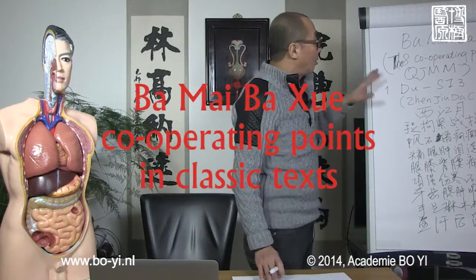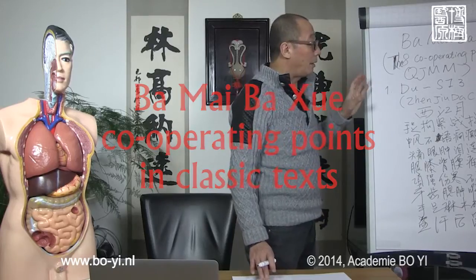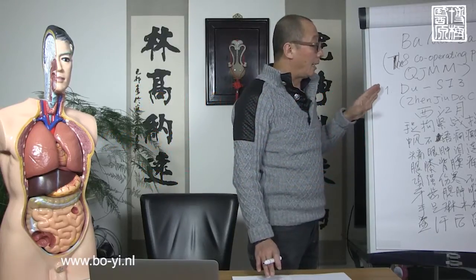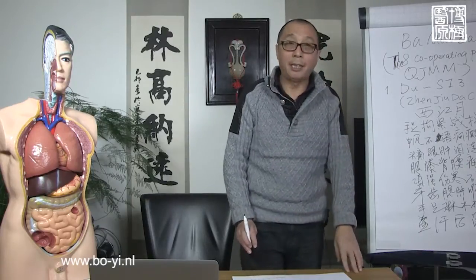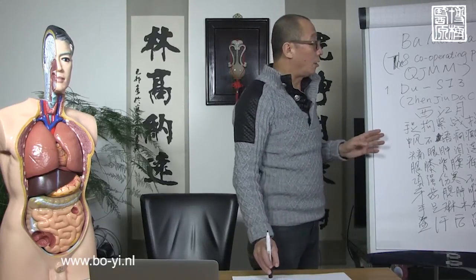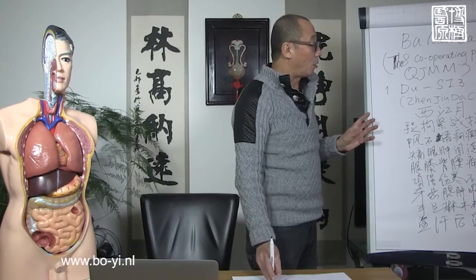And last, now we look at Dumai. There's one special point, small intestine 3. Everybody knows we call it an 8 confluent point or 8 cross point.